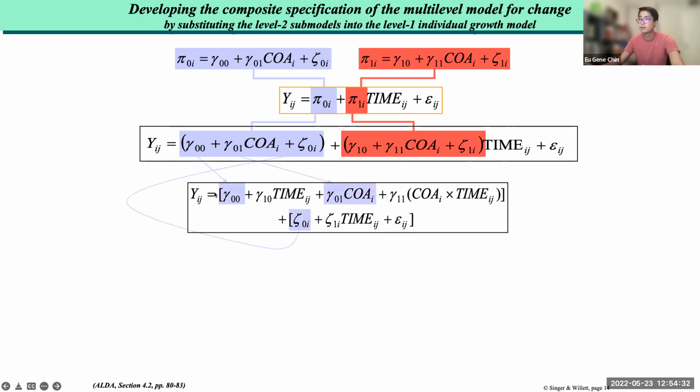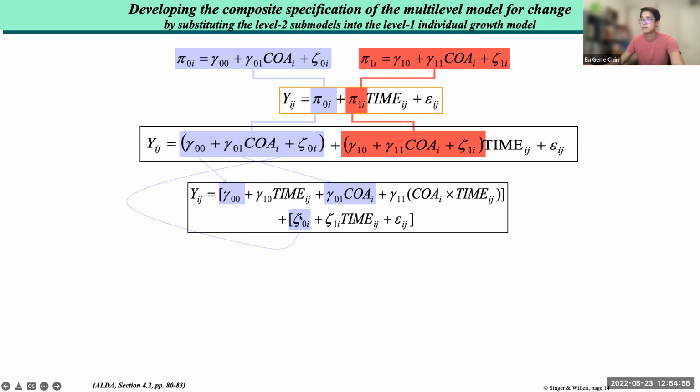As you can see over here, gamma 0,0 represents the population's average initial status for kids whose parents are non-alcoholics. And then we've got gamma 0,1, which represents the effect of having parents who are alcoholics on the population's average initial status.